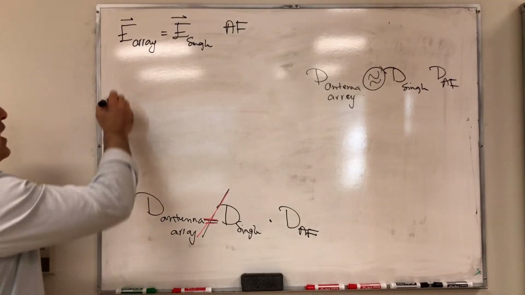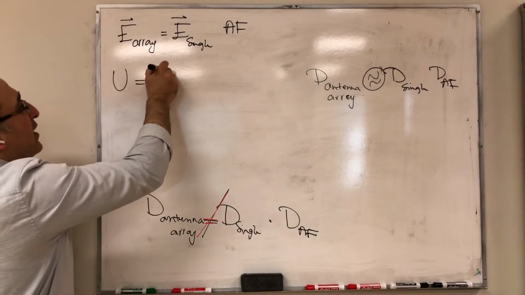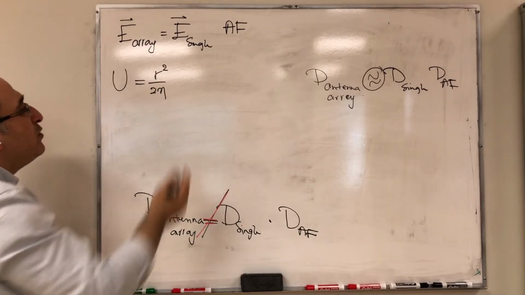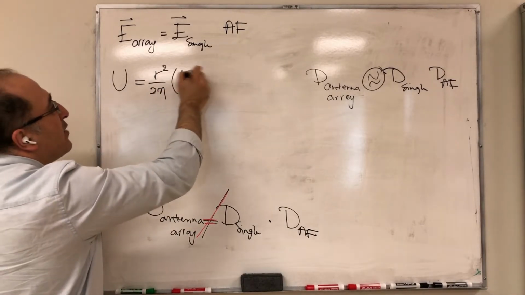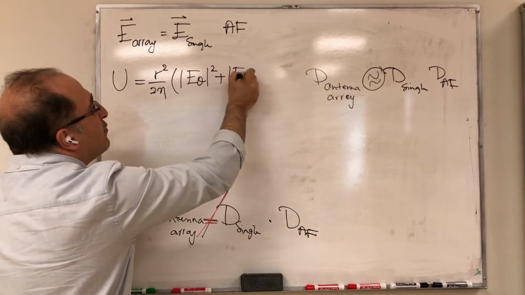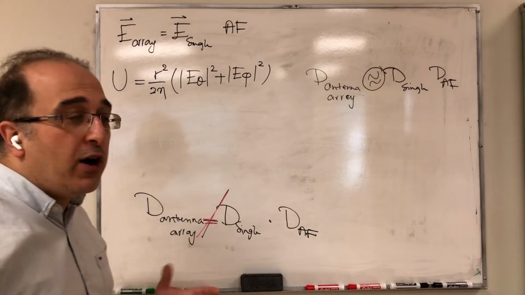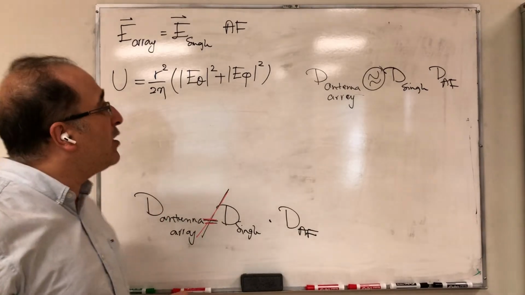Then based on that, we can find the radiation intensity as r squared over 2 eta, times the theta component squared plus the phi component squared. And of course, because we are dealing with the far field, we don't have E in the r direction.